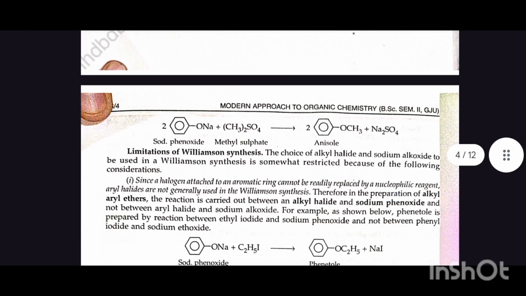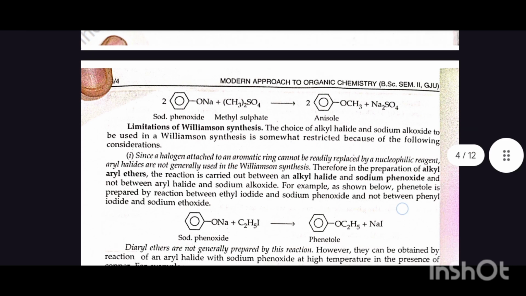For the preparation of methyl aryl ether, methyl sulfate (CH3)2SO4 is generally used in place of methyl halide. For example, sodium phenoxide plus methyl sulfate gives 2 moles of anisole and Na2SO4.